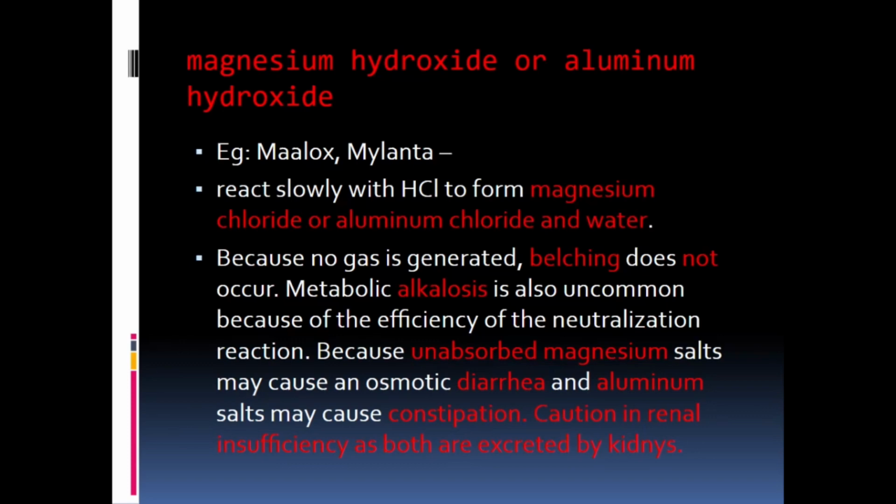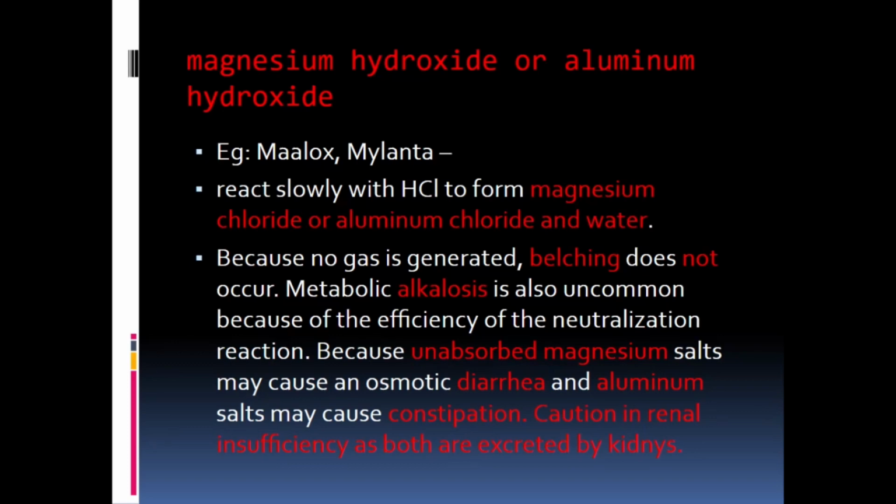So the problem which was arising due to calcium carbonate and sodium bicarbonate, that is belching and gastric distension, is not occurring with these two combinations because carbon dioxide production is not observed, because of the change in the salt. Because no gases are generated, belching does not occur. Metabolic alkalosis is also uncommon because of the efficacy of the neutralization reaction.